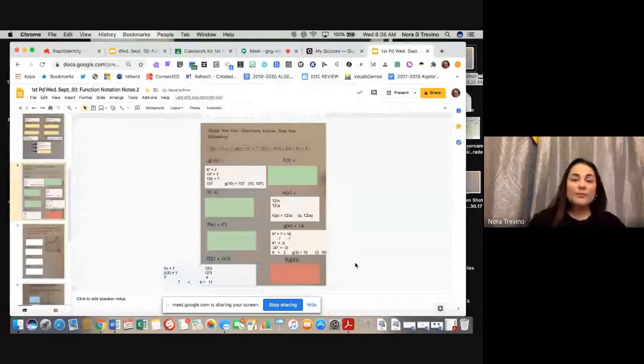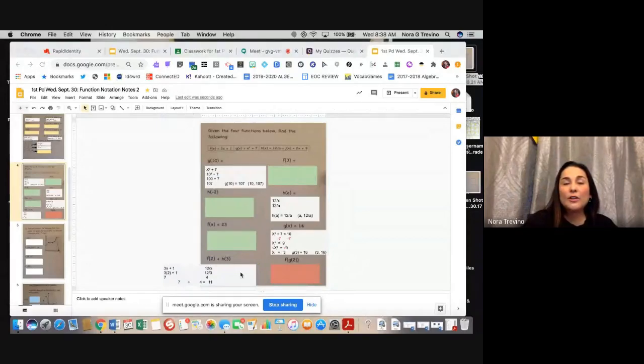It's like having 2 of these separately, and then they're telling you to add the answers to them. So we had to solve this one first. We took the function called f and input a 2 there and solved it. Then we took the function h, input a 3 and solved it.